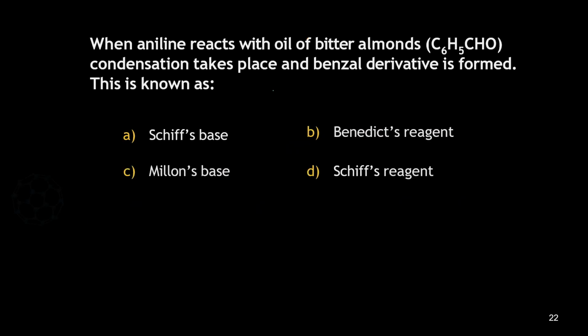Next one. When aniline reacts with oil of bitter almond, condensation takes place and a benzyl derivative is formed. This is known as? So you take the aniline. What is aniline? A benzene group with NH2. This aniline, when it reacts with bitter almond oil, that is C6H5CHO, which is nothing but the benzene group with the aldehyde, what happens now?